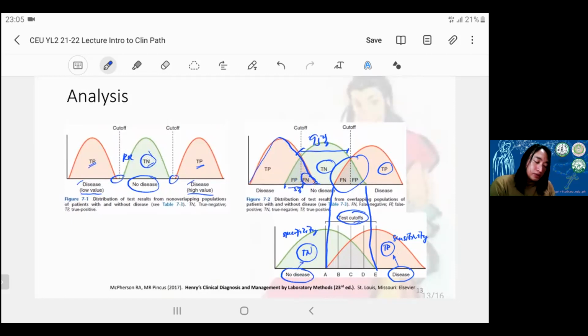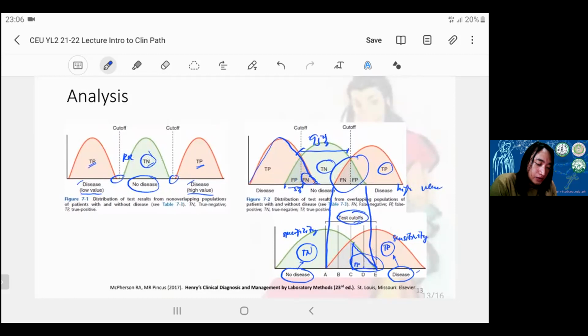So if you look at this graph closely, if you increase the cutoff values, so this is for the high value reference range, you cover more of the actual patients that have the disease. But you also decrease the specificity. So this will increase your false positives.